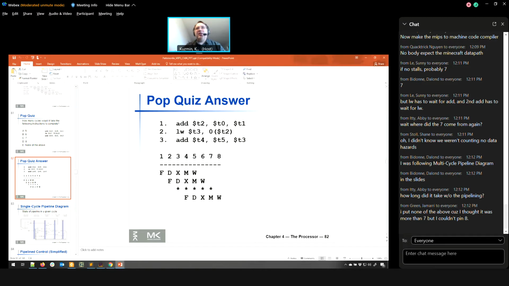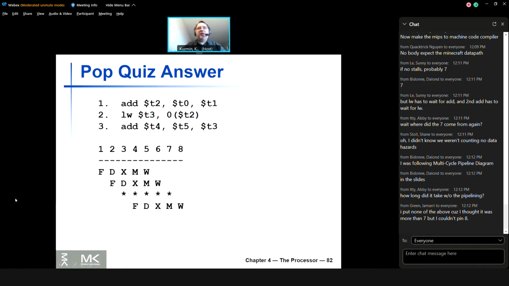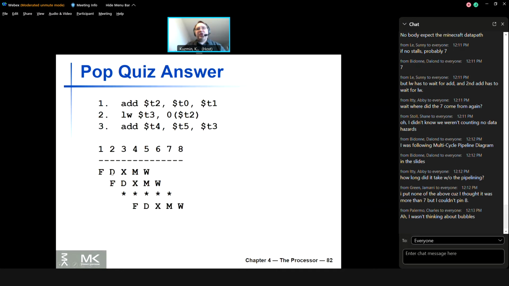So exactly, the way to solve it was to build a diagram which is very similar to what you need to produce in your homework. Here we just use slightly different abbreviations for the phases: fetch, decode, execute, memory, and write back.